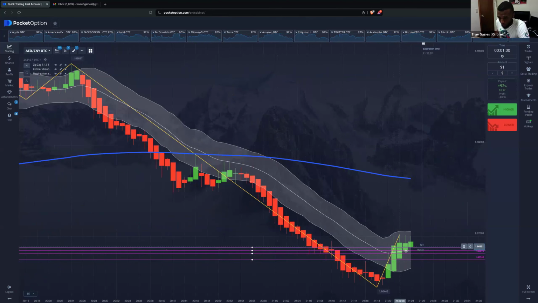We would wait till it comes back up to hit the middle Keltner to get back in for another sale. So if the 200 is above price, we're getting in for sales. If it's below price, we're getting in for buys.